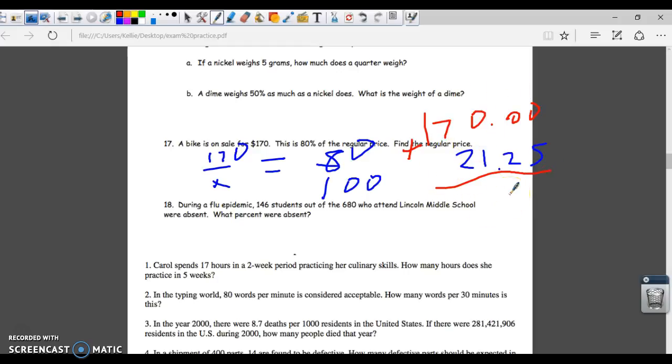When you add those two together, 191.25. The bike originally was $191.25.